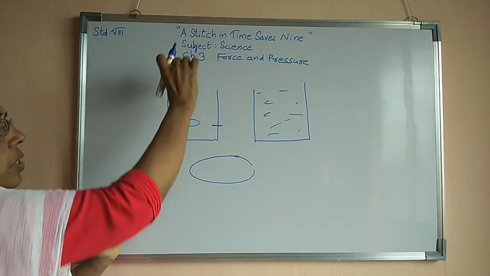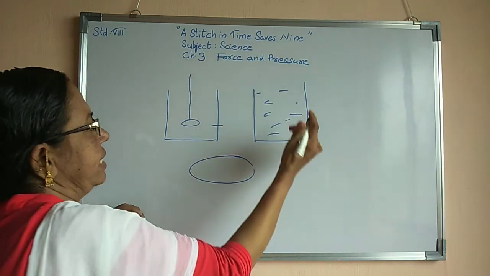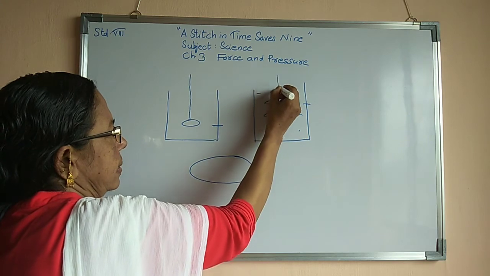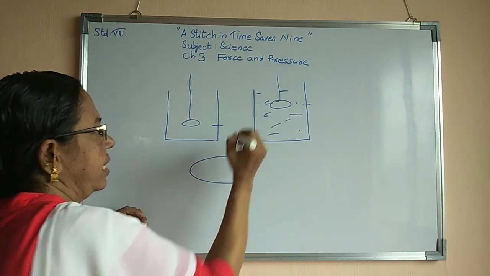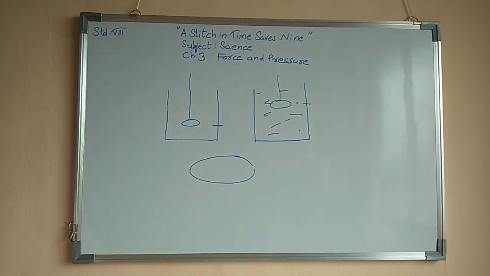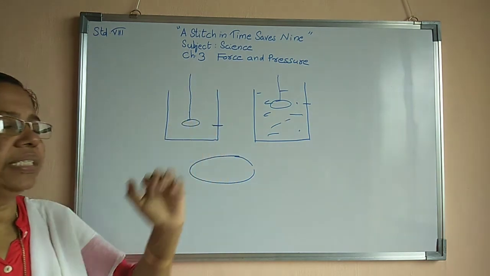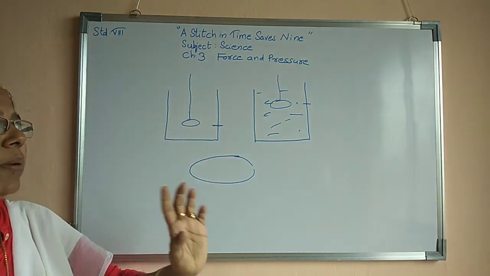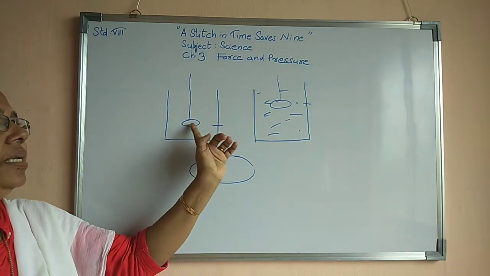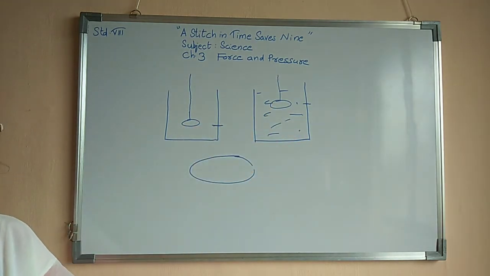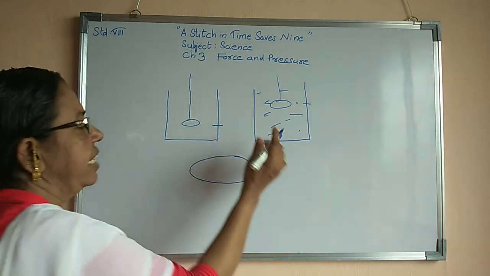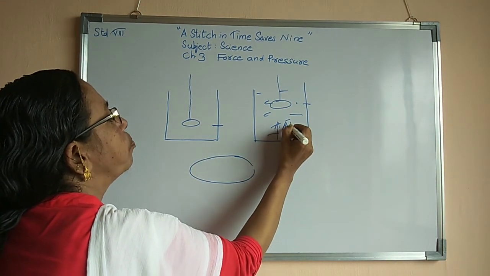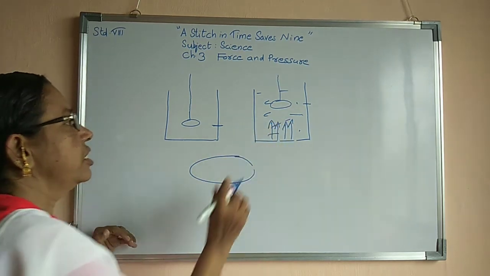Then I take the same stone and put it inside the water. You can find that the stone is lying at this height. Why is there such a difference in the length of the rubber band as well as the height of the stone? Its answer: this water is exerting buoyant force on the stone.